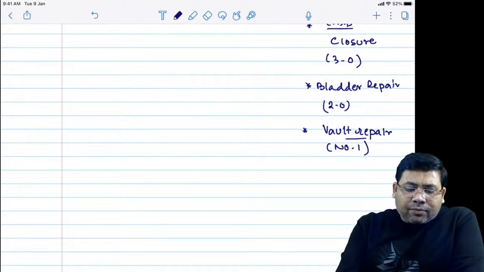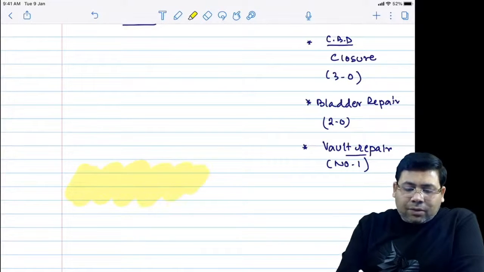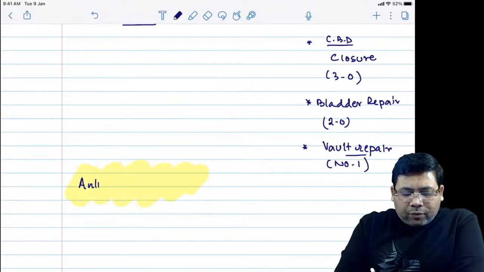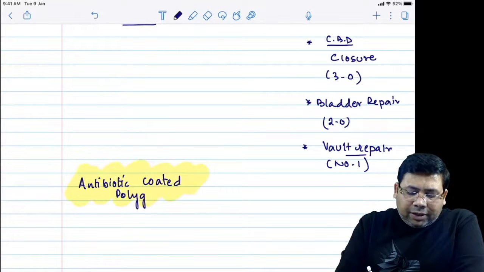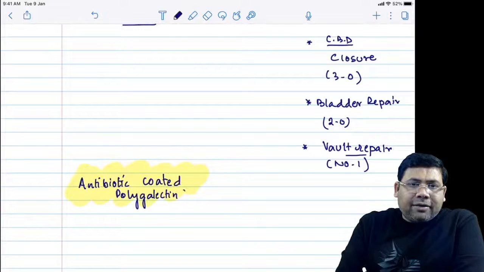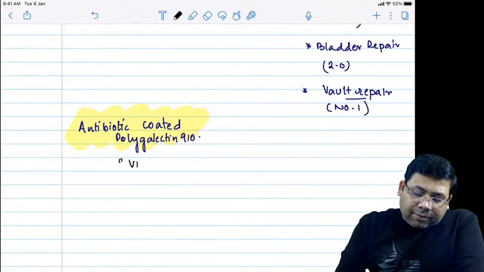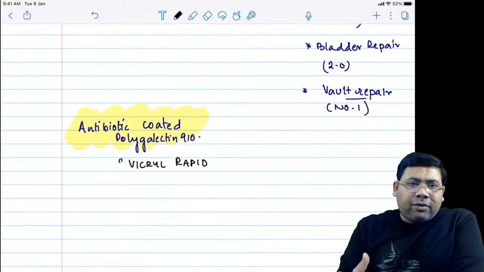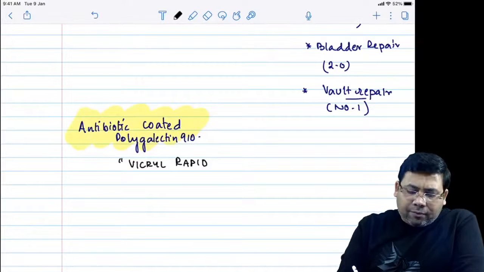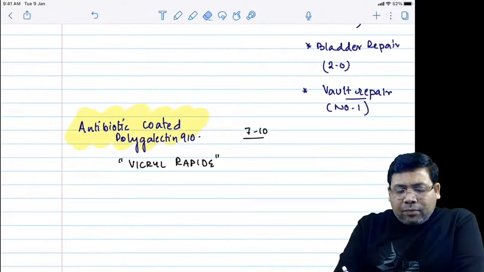The next important thing is, to this Vicryl, we have done a lot of modifications. One is antibiotic coated Vicryl. What is that known as? Actually, rapidly absorbable polyglactin 910 is what is known as Vicryl Rapid. You know, it has a lot of names: Vicryl, Trucryl. It depends upon which company you are buying from. For Vicryl Rapid, the days of absorption is 7 to 10 days.